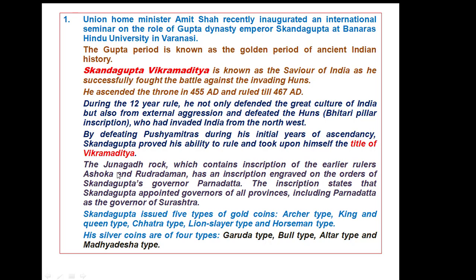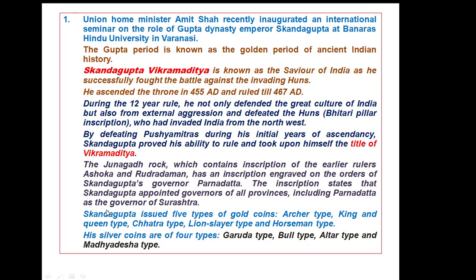The Junagadh rock, which contains the inscription of earlier rulers like Asoka, Rudradaman, has an inscription engraved on the orders of Skandagupta's governor Parnadatta. And the inscription states that Skandagupta appointed the governors of all provinces, including Parnadatta as the governor of Saurashtra.